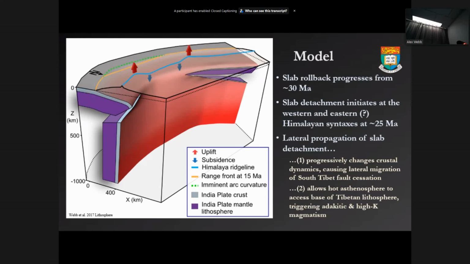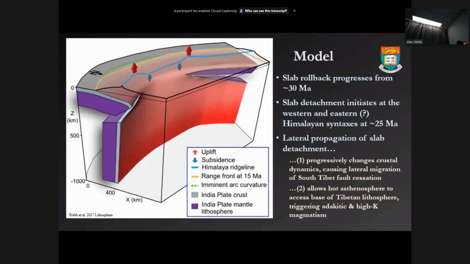And you can see through Tibet from Ulaanbaatar, but high in the sky above Ulaanbaatar, down to the subducting Indian plate. And what the model is suggesting is what Anne was suggesting. There's a break off of the downgoing slab that happened first in the far west, and it is propagating towards the east central portion of the range.